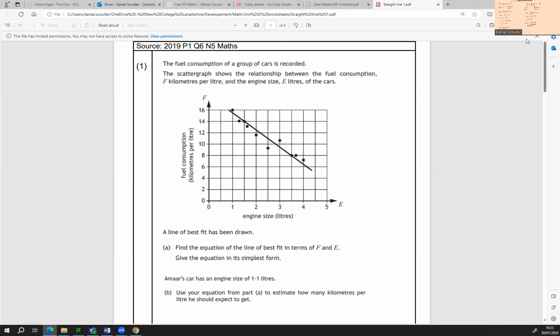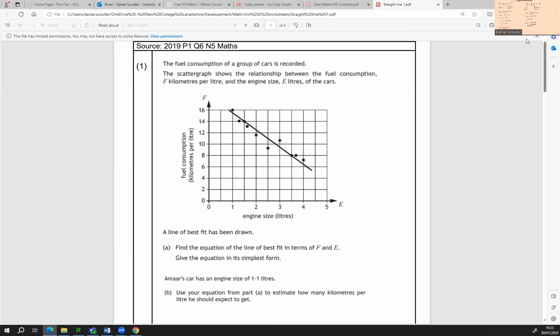In essence, the story behind it doesn't really matter. You don't need to know about cars or anything. You just need to know that the y-axis is F and the x-axis is going to be E.